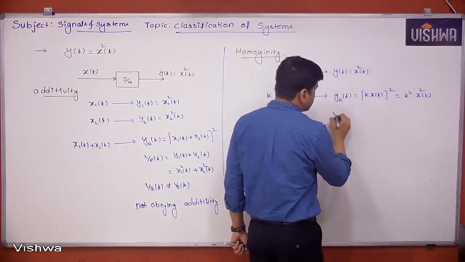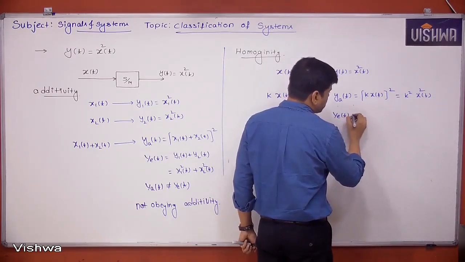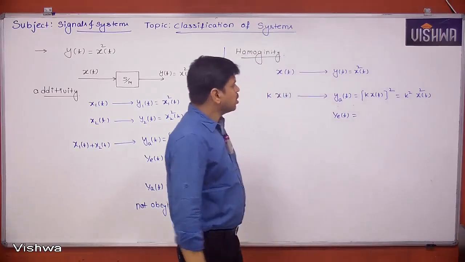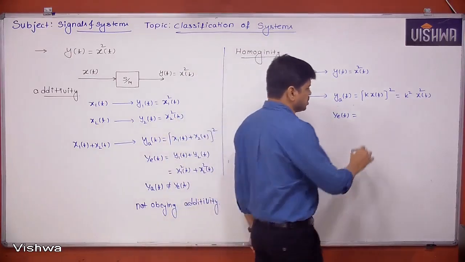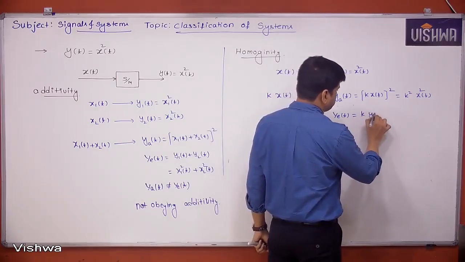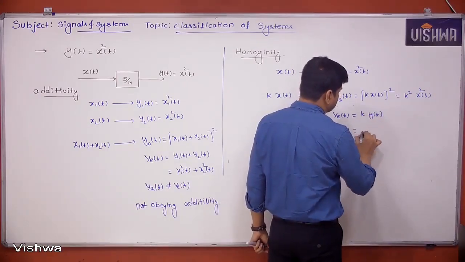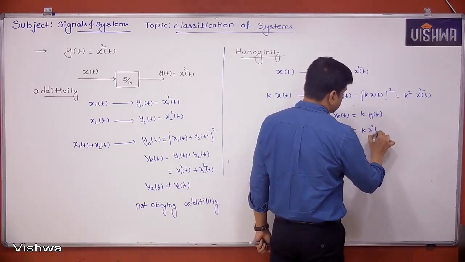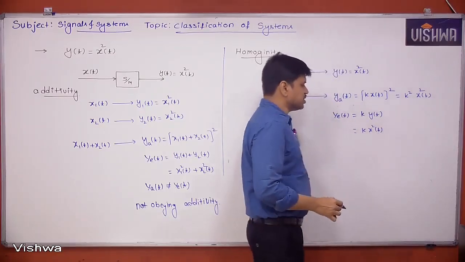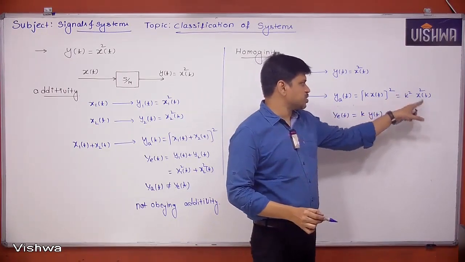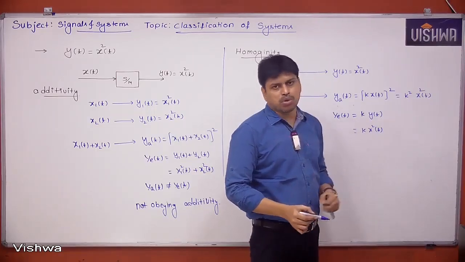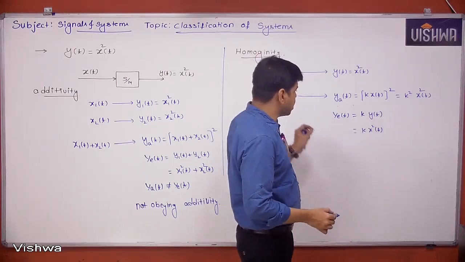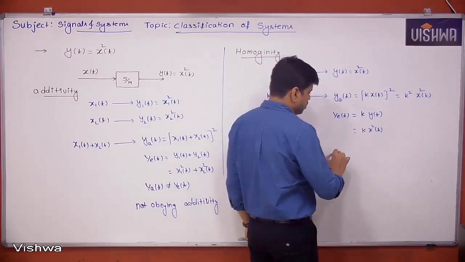But what is the expected output if it is obeying the homogeneity principle? If the input is multiplied with k, the output is also multiplied with the same constant k, k y of t. Then this is k x square of t. So the actual output is k square x square of t, whereas the expected output is k x square of t. Both are not equal. So the system is not obeying the homogeneity principle.